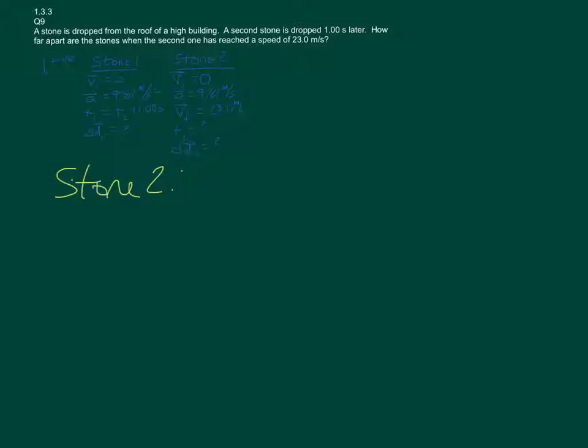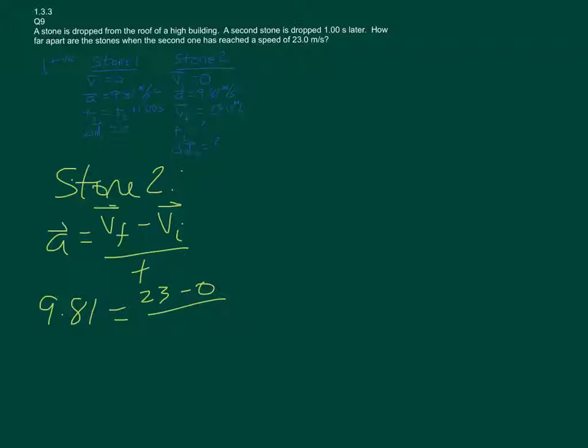Okay, so we use our acceleration formula as VF minus VI over T. We can solve for T. 9.81 equals VF, which is 23, minus 0 all over T. I get 9.81 T equals 23.